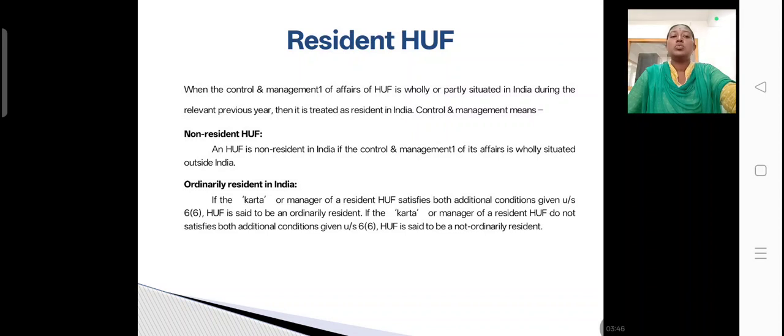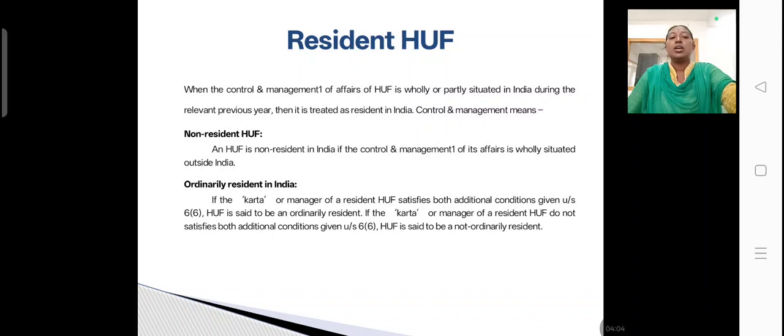Control and management, non-resident HUF: a Hindu undivided family is non-resident in India if the control and management of its affairs is wholly situated outside India.